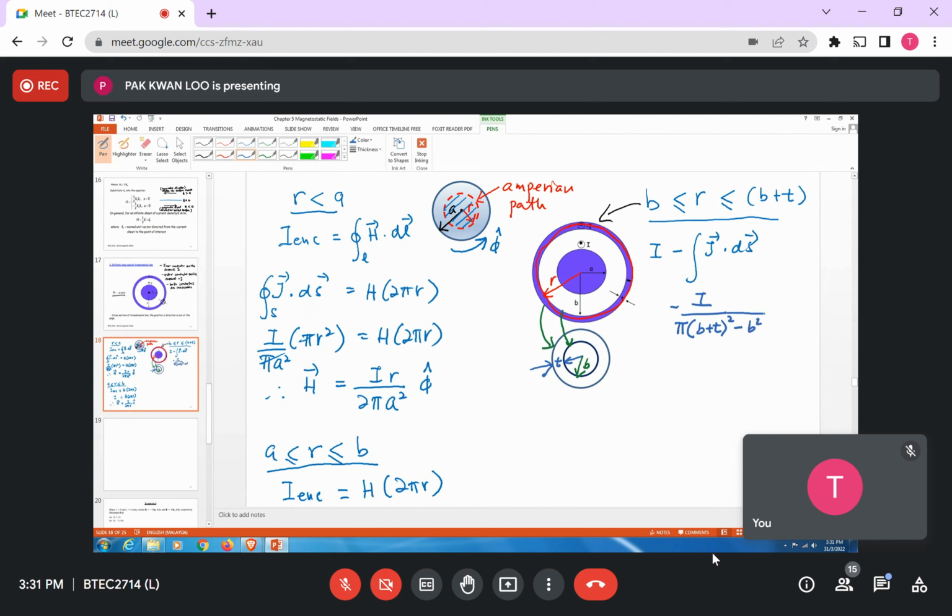That's the current density, multiplied with dot ds. So I integrate the area that covers from where? From B to R, right? Is it B to R?